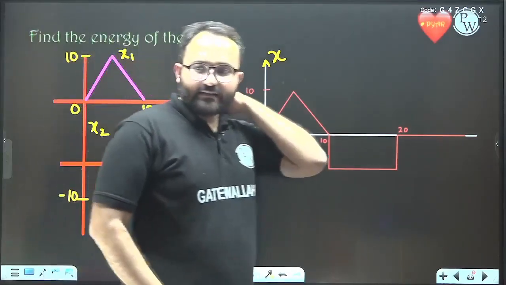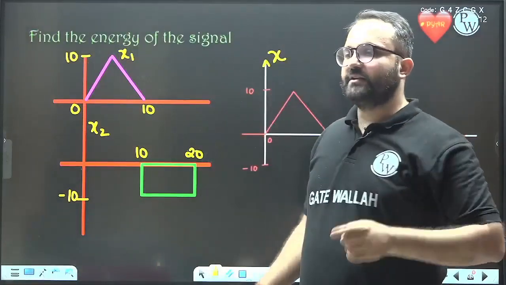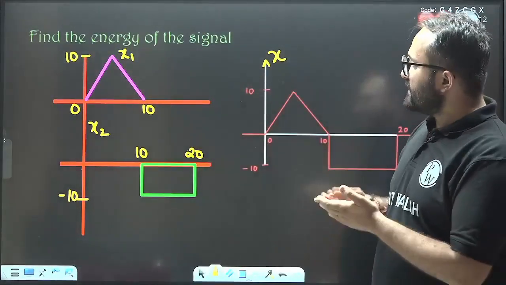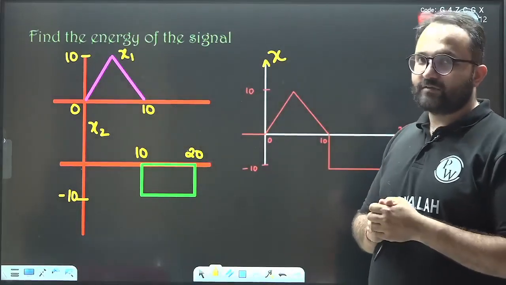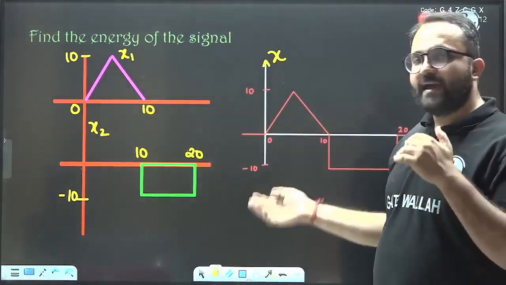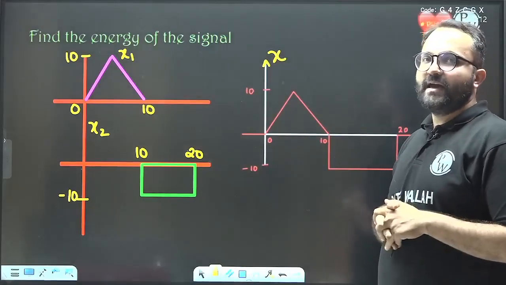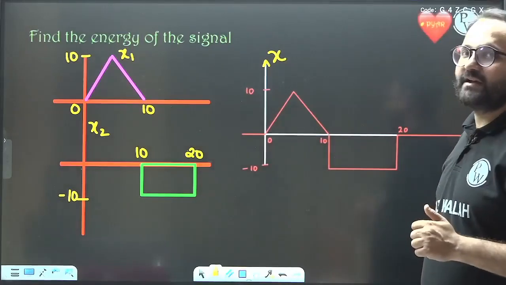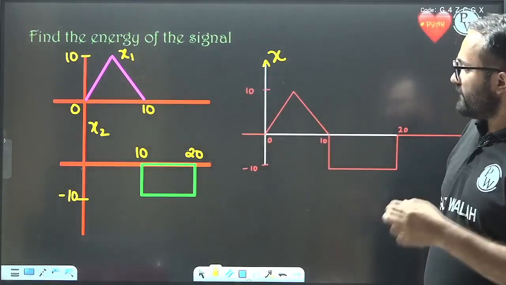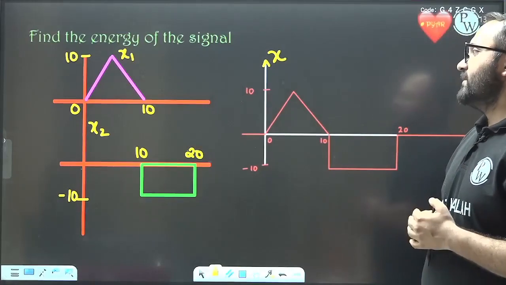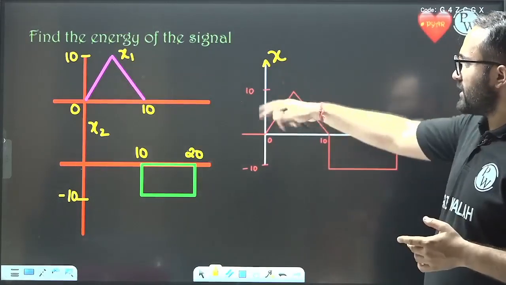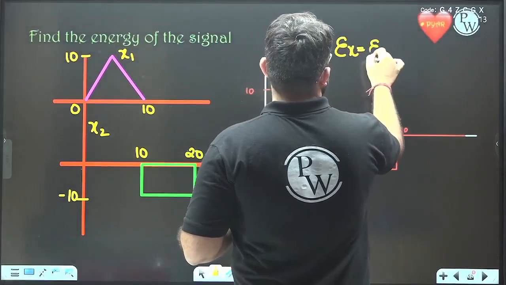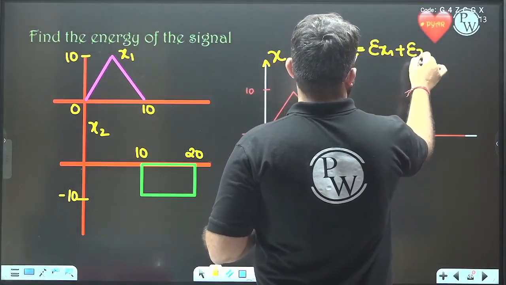Can we write x equal to x1 plus x2? Yes, we can. Are x1 and x2 orthogonal? Yes, because if we multiply x1 with x2, we get a 0. Thus these are orthogonal, so the energy of x is equal to the energy of x1 plus the energy of x2.